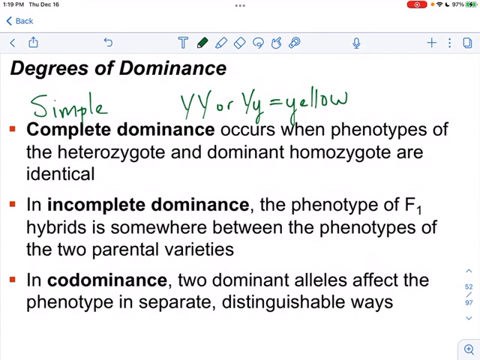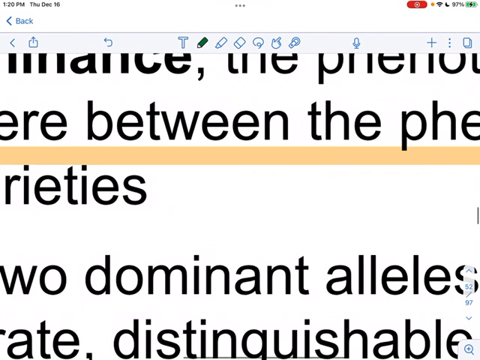Right now, in incomplete dominance, the phenotype of the F1 hybrids is an intermediate phenotype, somewhere in between the phenotypes of the two parents. So we say that with incomplete dominance, we get this intermediate phenotype.